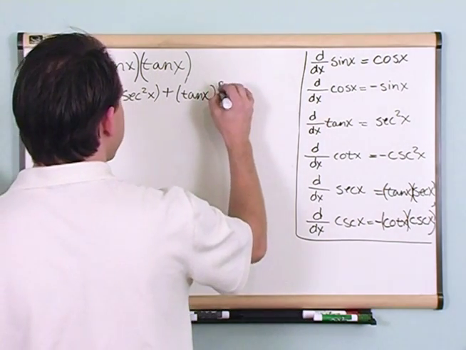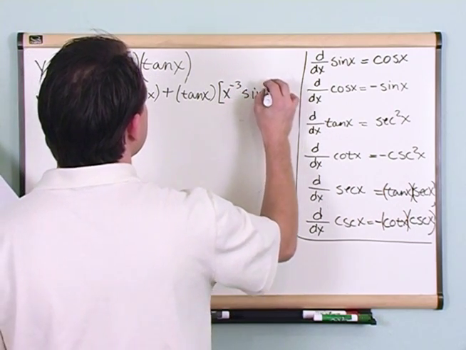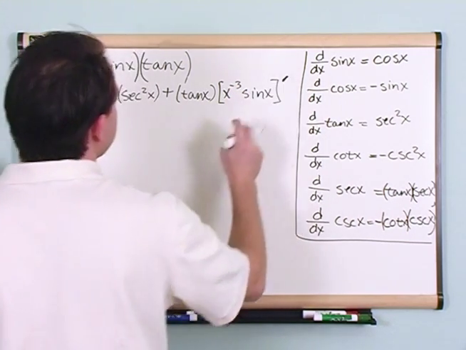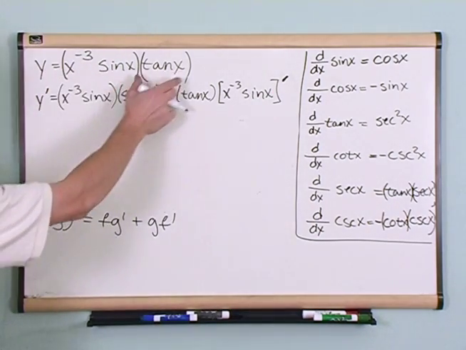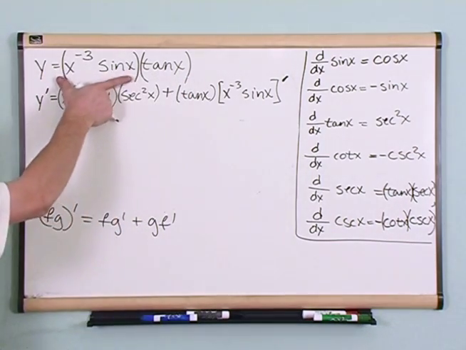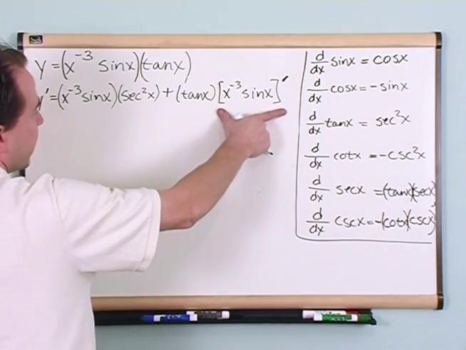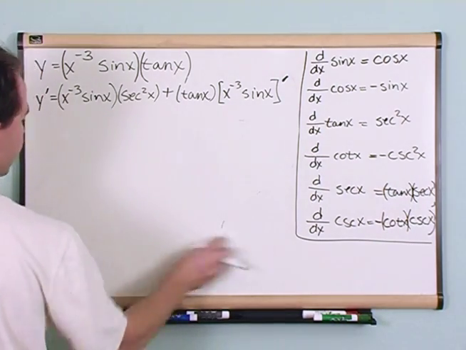Now, the way I'm going to write that is just x to the minus 3 times sine of x, and I'm going to put a big mark here that tells me I have to take the derivative of that. So here's the first term times the derivative of the second, we got that from here, plus the second term times the derivative of the first, but I actually haven't taken this derivative yet. Okay? We have to do that now.